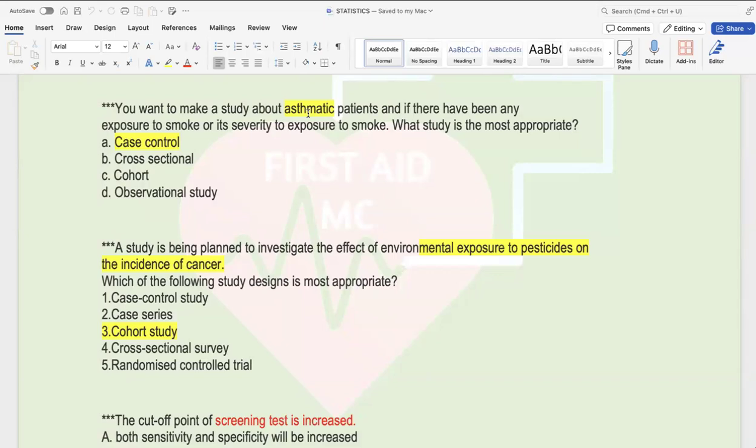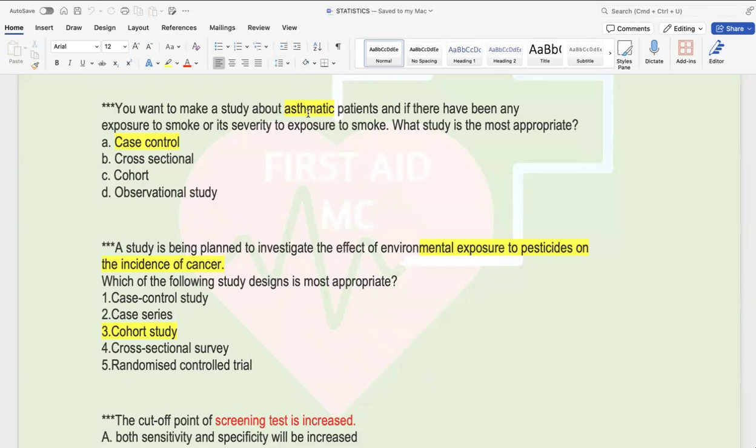If the question says you want to make a study about whether smoking causes asthma, that will become cohort. If they say that you want to know about a group of asthmatic patients and whether they have been exposed to smoke, that's a totally different thing. So how the question asks really defines what kind of study we are doing.